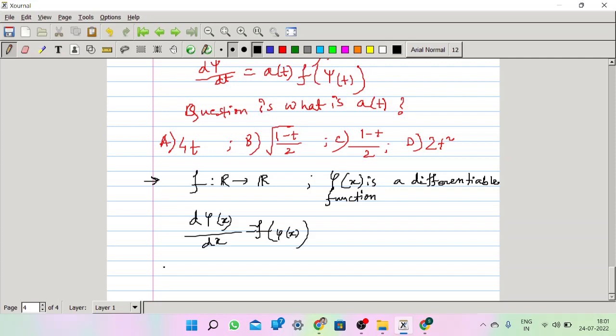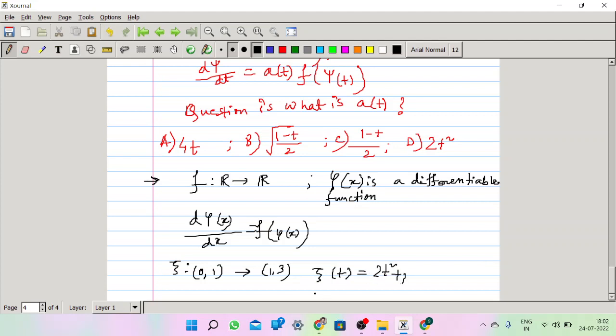So here again I define two other functions, xi and psi. Xi is defined from open interval 0 1 to 1 comma 3 as xi of t equal to 2t square plus 1.